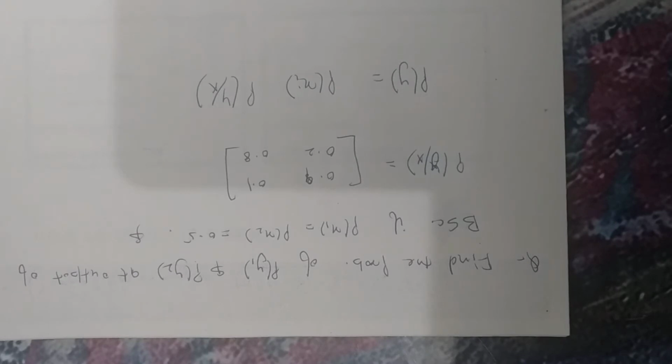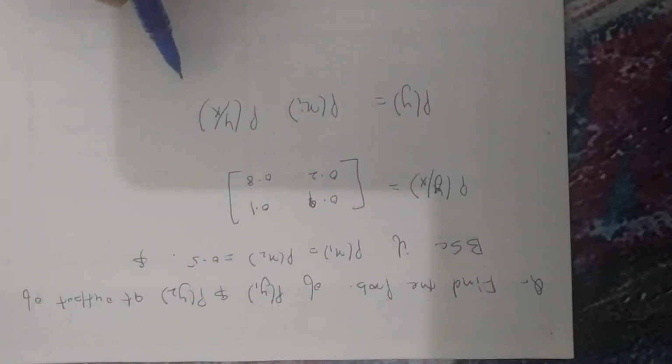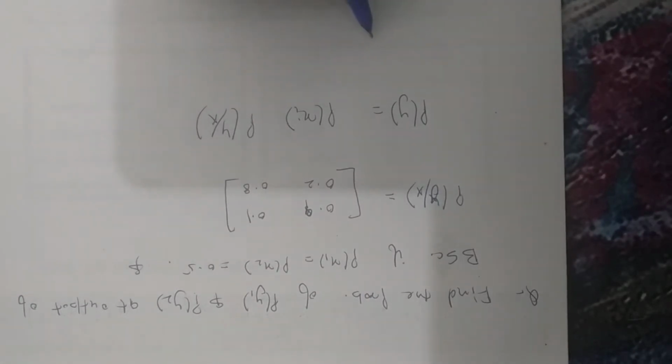After calculating the probability of output, we will find a few more things like joint probability as well. So first of all, let us start with the output probability for this kind of BSC channel. The input probability is 0.5 and 0.5.